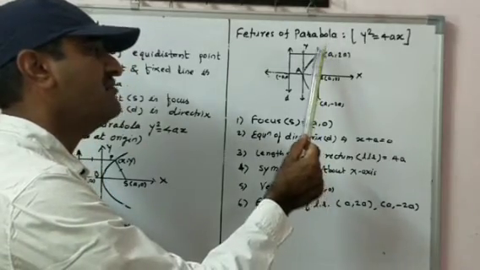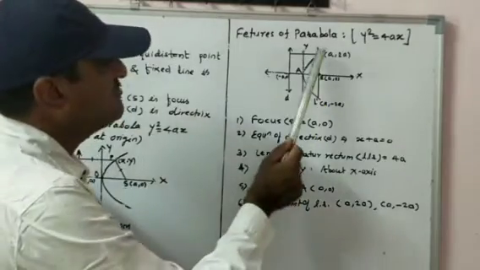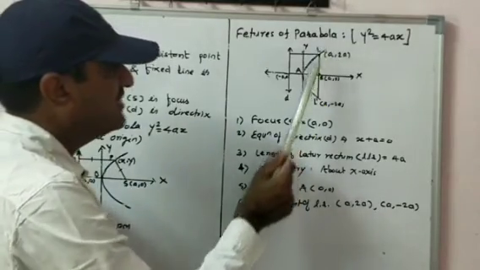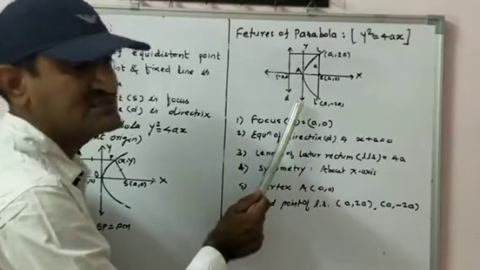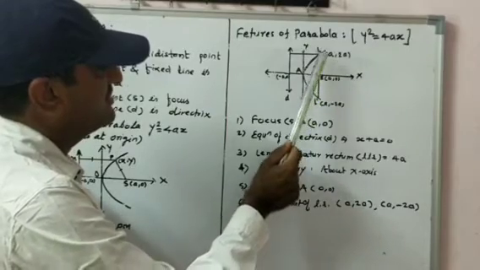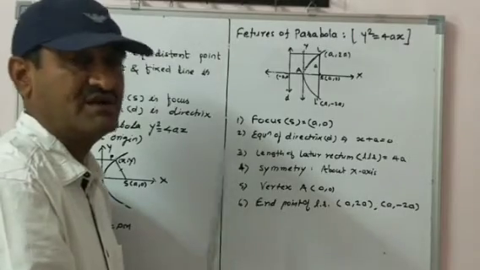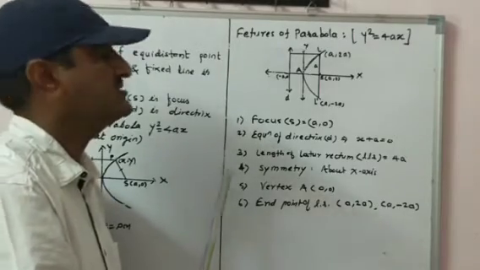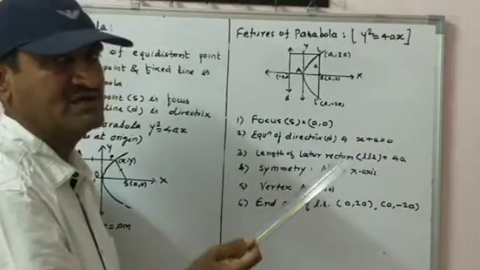It touches the parabola at L and L dash. Means the points on the parabola, L and L dash, pass through the focus perpendicular to the axis. That is called the latus rectum, and L and L dash are the end points of the latus rectum.